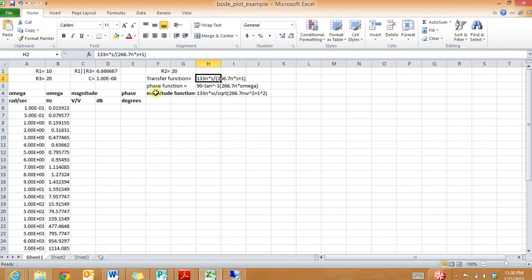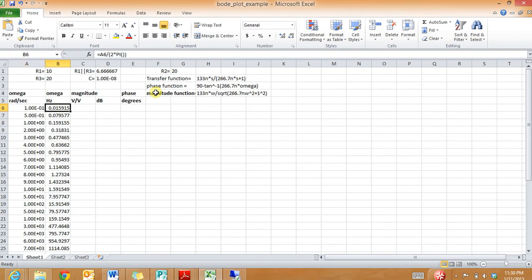So in my magnitude, in volts per volt, I'm going to just take this magnitude equation, which was 133 e to the minus 9 times, in this case, this is my omega. And I'm going to divide it by the square root of the 266.7 nano times that omega again.